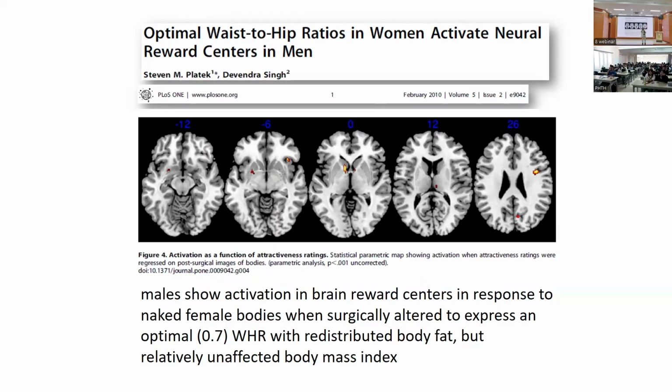So there is also a neurobiological capacity of the male brain to obtain a reward when he is looking at a female body close to 0.7. Very interesting, isn't it?